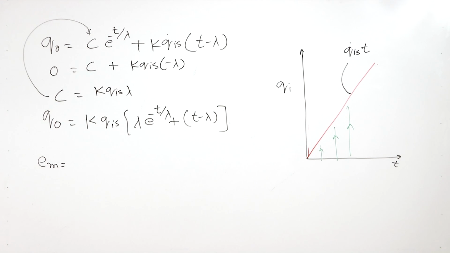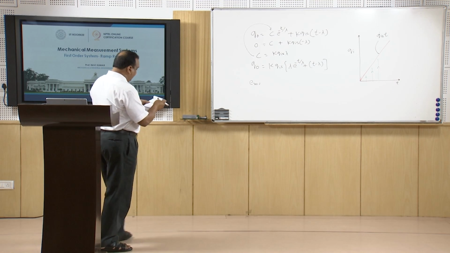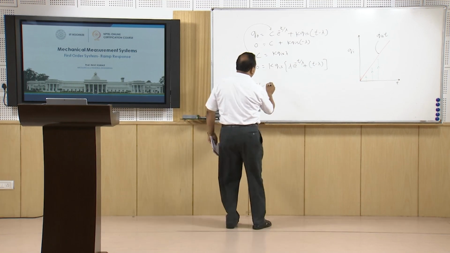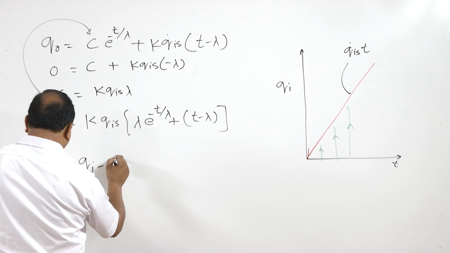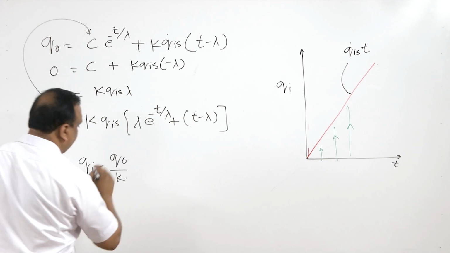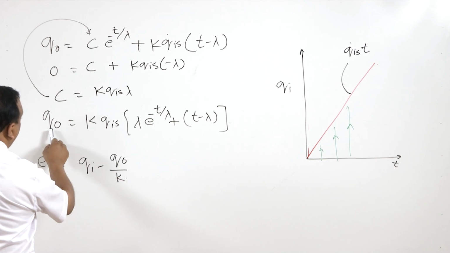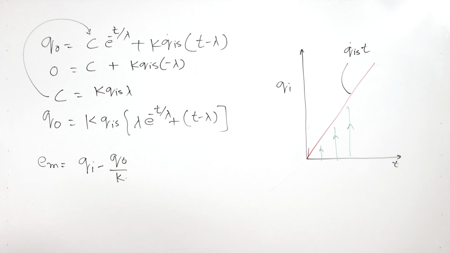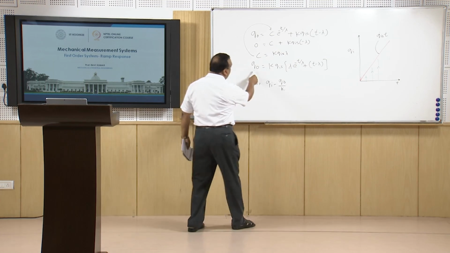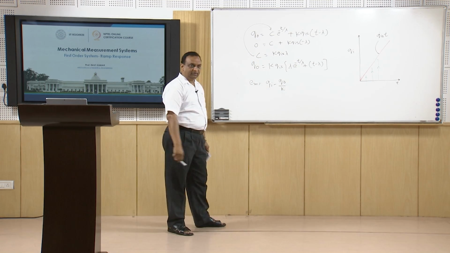Now for doing this, error in the measurement, we can take Qi input minus Qo by k. This is actual input minus input indicated, because ultimately the output of the instrument is also showing input to the instrument, right? So this Qo by k will give you the actual input.